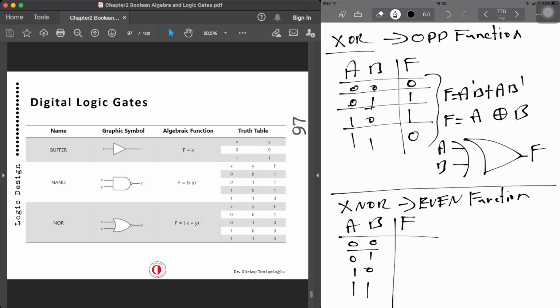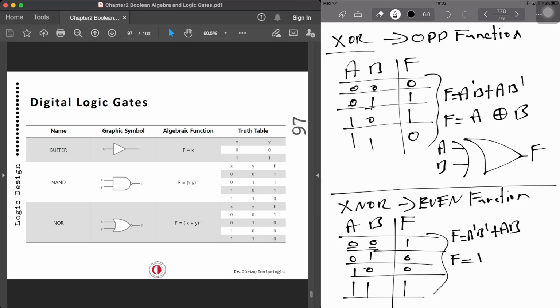Now both inputs are equal. 0, 0, it's actually an even function, so it's 1; odd, odd; and 1, 1 is even, or they are equivalent. So we can either say A prime B prime plus AB, or we can use again the special symbol, A exclusive NOR B. And the symbol is, we just put a bubble in front of it. Okay, so these are our expressions for odd and even functions.